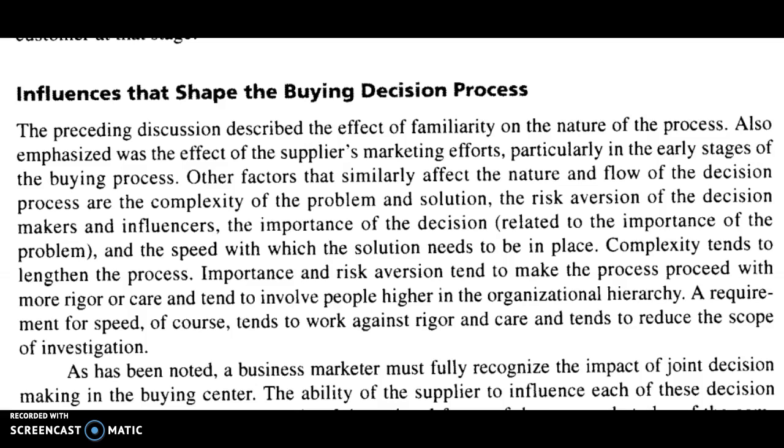Other factors that similarly affect the nature and flow of the decision process are the complexity of the problem and solution, the risk aversion of the decision makers and influencers, the importance of the decision related to the importance of the problem, and the speed with which the solution needs to be in place. Complexity tends to lengthen the process.